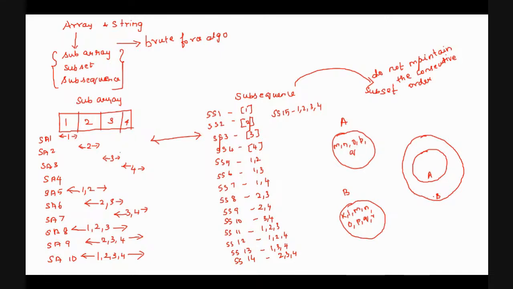A is a subset of B, where your B consists of K, L, R, and your A consists of M, N, O, P, Q. So now if you see, your A is a subset of B. You need not maintain any order. There is no need to maintain any order.